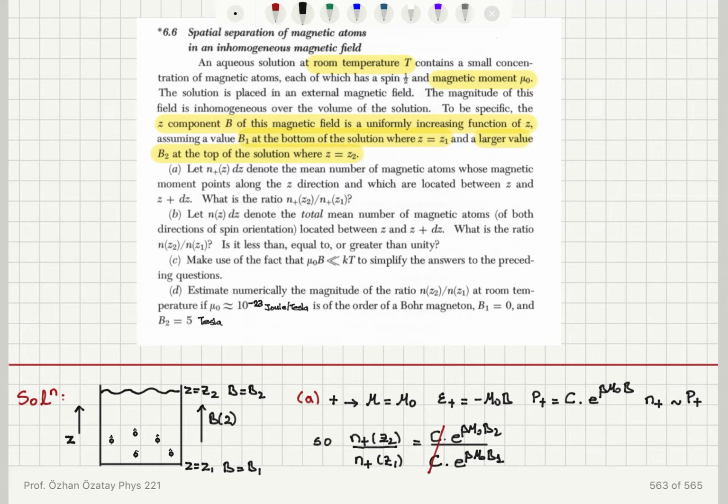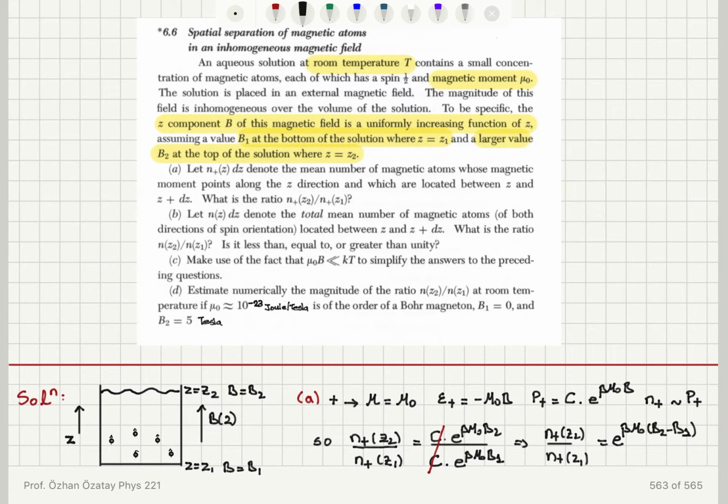So the constants will cancel, and I will be left with the ratio n plus z2 divided by n plus z1 must be equal to exponential beta μ0 (b2 minus b1).